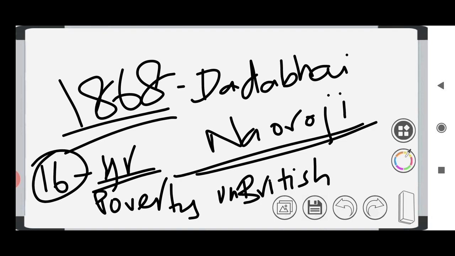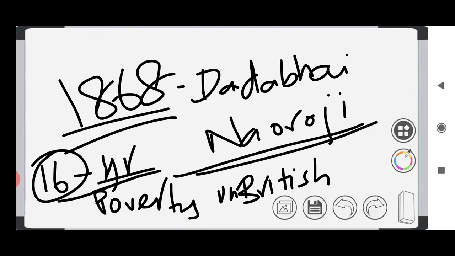But in 1868, if you earned 16 rupees per year, you were considered not poor. If a person earns below 16 rupees per year, he might be considered poor. If he earns more than 16 rupees, he is not considered poor. So we can say this 16 rupees is the poverty line.